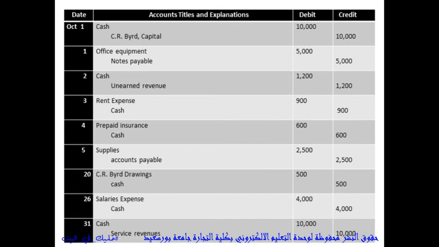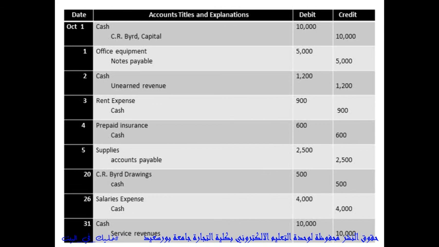In transaction 3, the cash will be debit and unearned revenue will be credit for $1,200. Transaction 4, rent expense is debit and cash is credit for $900. Transaction 5, prepaid insurance will be debit and cash will be credit for $600.